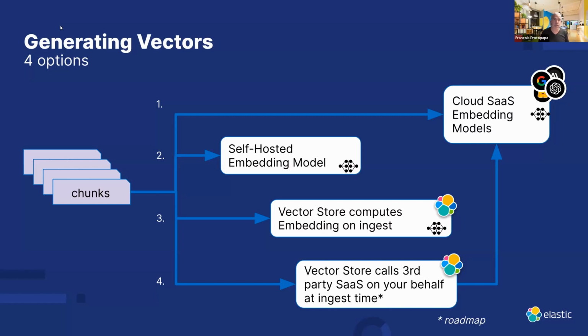Another option is a self-hosted embedding model to convert your chunk, using models that are hosted on your server. Then the third option is more in the direction of Elastic. In this option, you apply vector embedding at the ingestion step, adopting a managed trained model in Elastic, whereas the fourth option is you also do it at the ingestion step, but instead of using a managed trained model inside Elastic, you get access to a SaaS embedding model hosted by a vendor, for example.